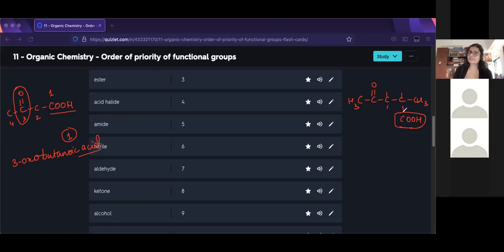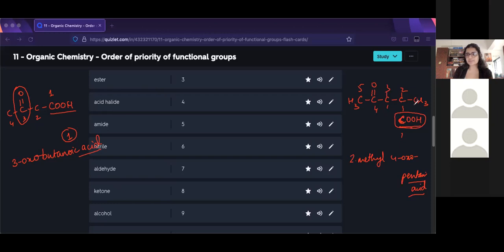This will never be a prefix. So you start from here and go with the longest chain: 1, 2, 3, 4, 5. So this is going to be 2-methyl-4-oxo-pentanoic acid, because a 5 carbon acid is pentanoic acid.